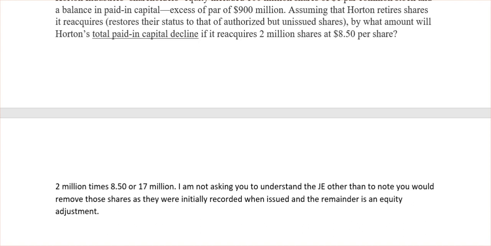And obviously, it's very unlikely that these shares were initially issued for the same amount as the amount at which you are going to be retiring them. What do you do with the remainder? That is an equity adjustment, and it's going to show up in those paid in capital accounts. That's all. No journal entries. Just understand whenever you retire, you're fooling around with the original issuance and you're basically reversing that one out. And you may have to do an equity amount to make it balance.